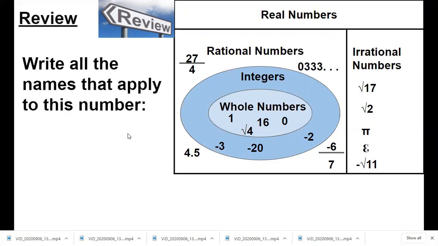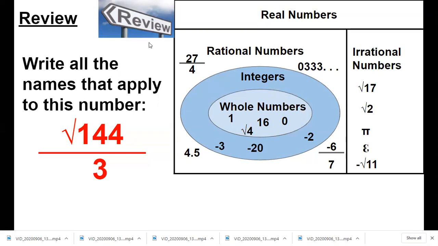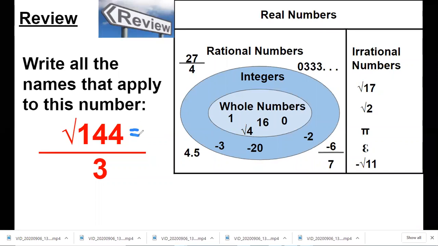So let's begin. Write all the names that apply to this number, the square root of 144 over 3. And remember, sometimes you have to do manipulations to figure out what all the names could be. So for instance, square root of 144, what does that equal? It's a number multiplied by itself that will give you 144. I just happen to know that 144 is a perfect square.